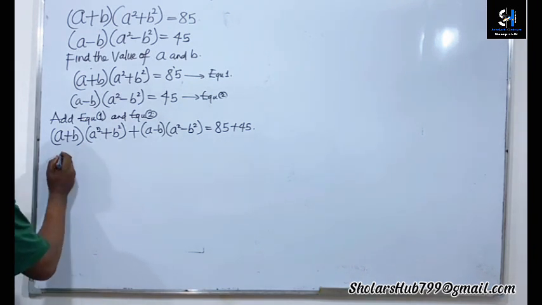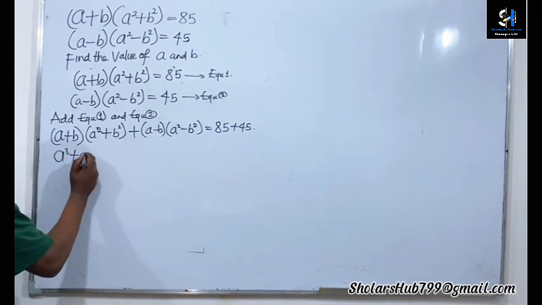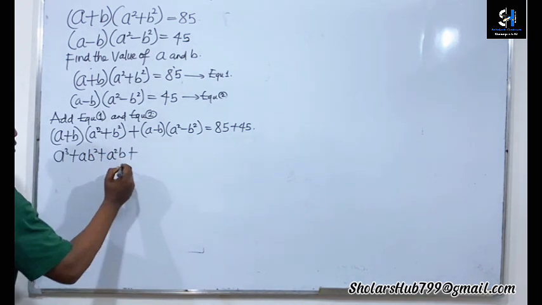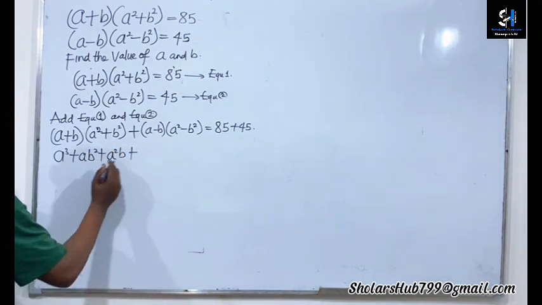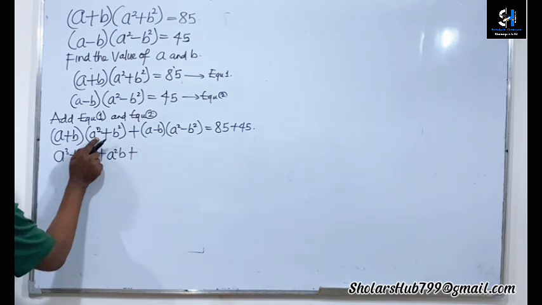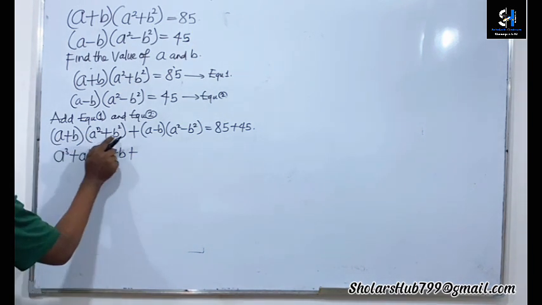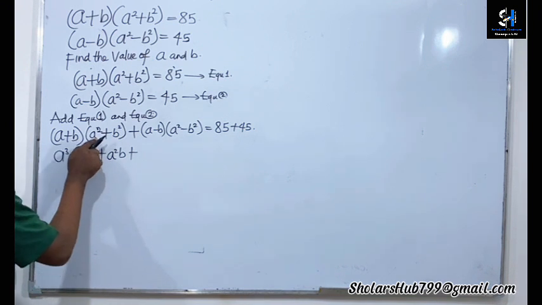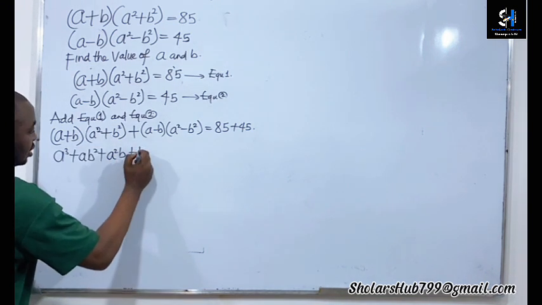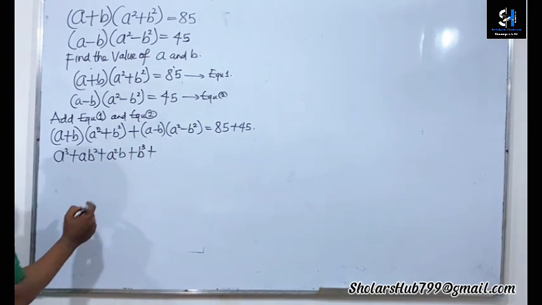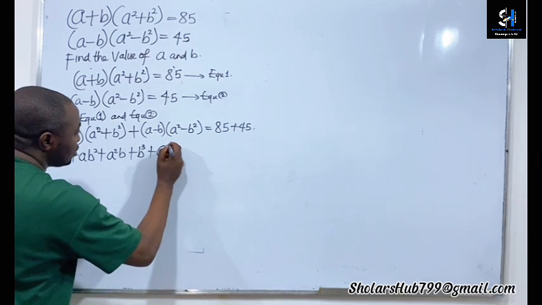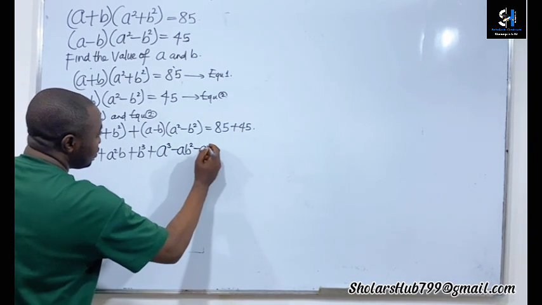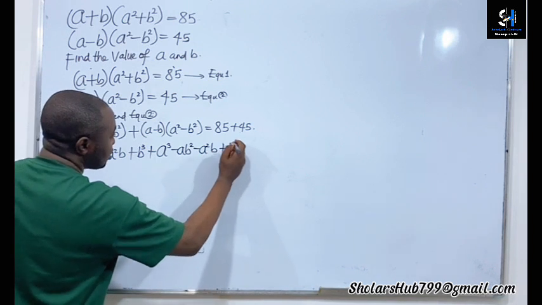Okay, so if we expand, this will be a³ + ab² + a²b + b³. Then a times a², that will be a³, a times b², that will be ab². Now b times a², that will be a²b, then plus b³. Okay, in this case, this will be a³ − ab² − a²b + b³ = 130.